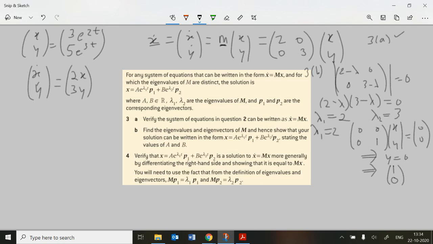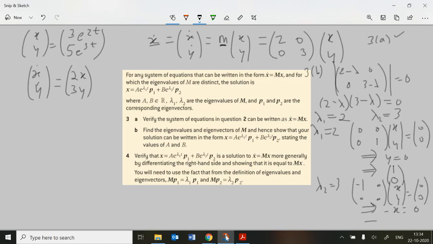And then if we come up with the other one, when we've got lambda 2 equal to 3, then when we put 3 in there, that gives us 0, and that gives us minus 1 there. So we've got minus 1, 0, 0, 0 applied to x, y gives us 0, 0. And that just gives us minus x equal to 0, or x is equal to 0.